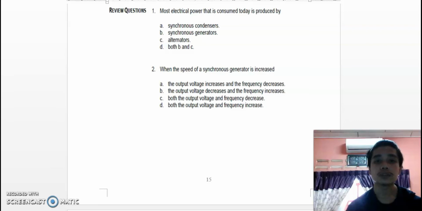A, synchronous condenser. A synchronous condenser is a DC excited synchronous motor whose shaft is not connected to anything but spins freely.